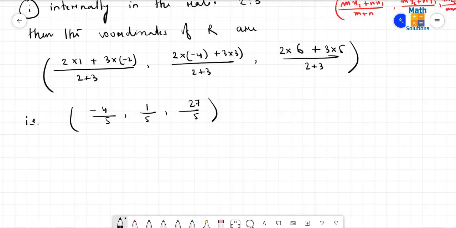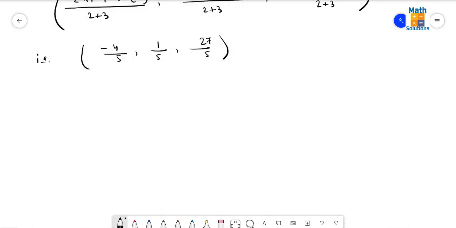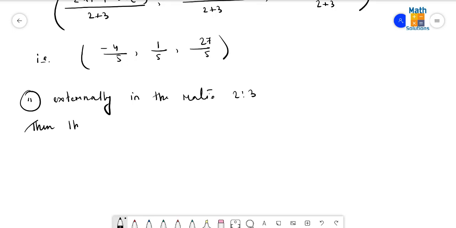Then if we come to the externally part, the second part, externally in the ratio 2:3, then the coordinates of capital R will become, with minus sign we have to proceed.